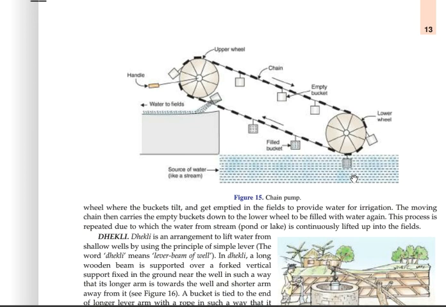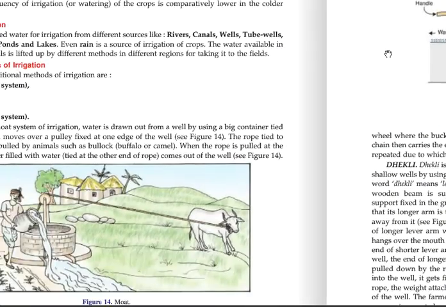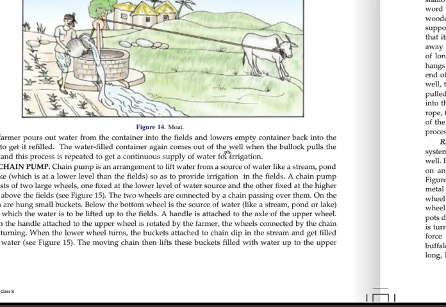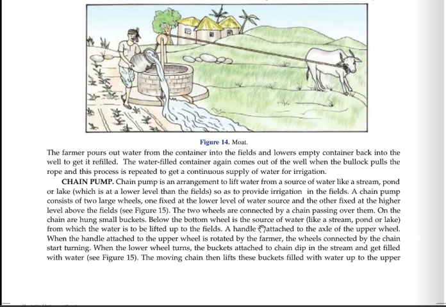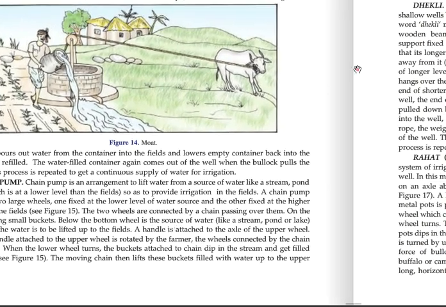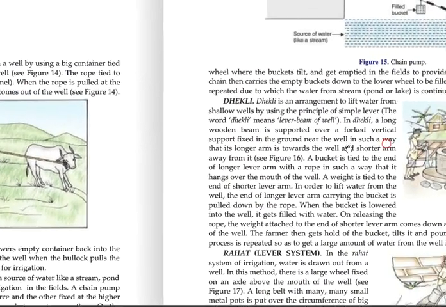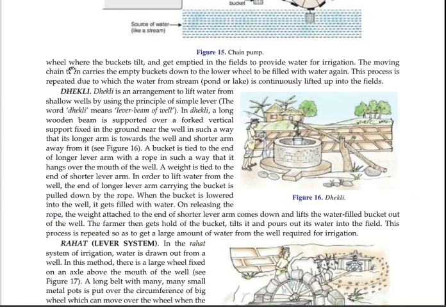These methods were used in our earlier agriculture practices, or we can say these are the history of irrigation for the cultivation of crops. The third one is dhekli.